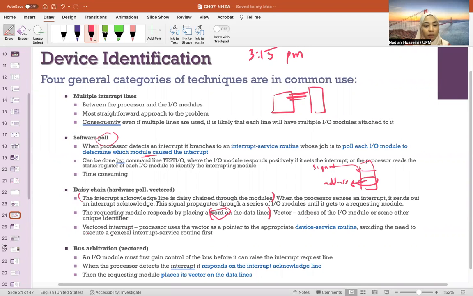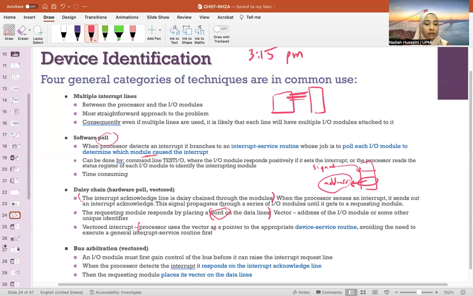Okay, and then we have the vectored interrupt, whereby the processor uses the vector, your phone number, as a pointer to the appropriate device service routine. Basically, the processor takes your phone number and gives it to a third party: hey, please handle this person, he's bugging me. So it gives your phone number, the address or unique identifier or vector, to the device service routine, avoiding the need to execute a general interrupt service routine.